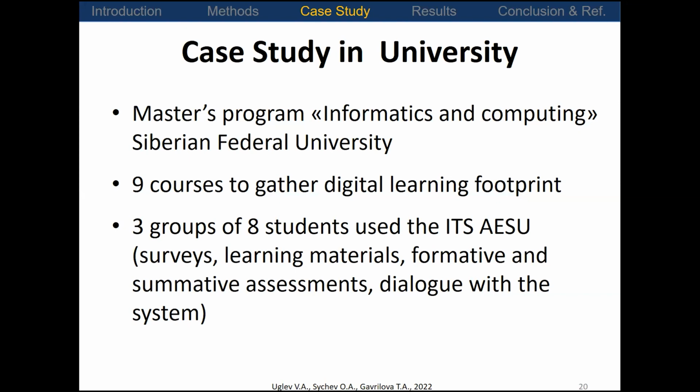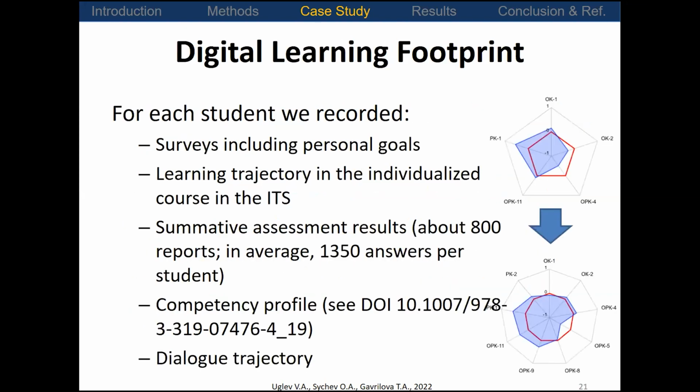For each student, we recorded surveys, including personal goals, learning trajectory in the individual course in the ITS, summative assessment results, about 800 reports on average, 1,350 answers per each student, and competency profile and dialogue trajectory.